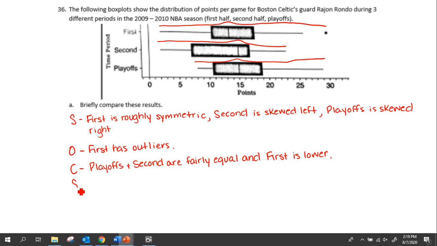And then finally for spread, I would say that first and playoffs have a larger spread, with first being slightly bigger. However, second has a larger IQR.